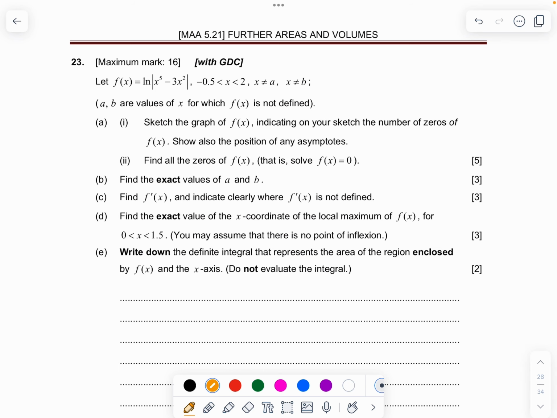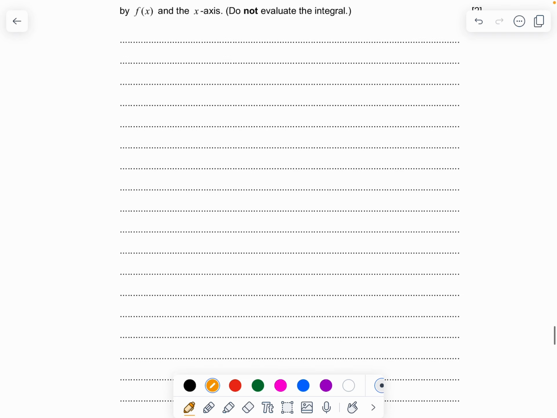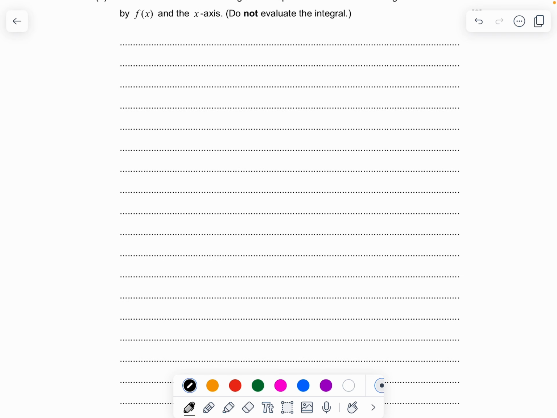Question number 23 is asking us to sketch the graph using the number of zeros, showing any asymptotes. Find all the zeros, using the GDC. So I'm drawing the x-axis, y-axis, and there is an asymptote over here.